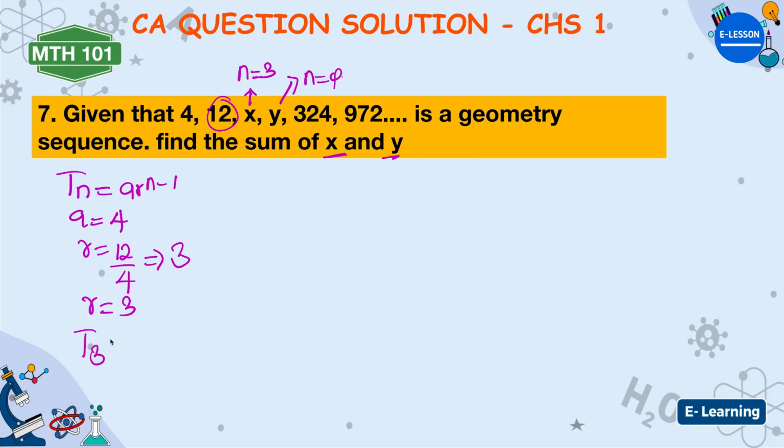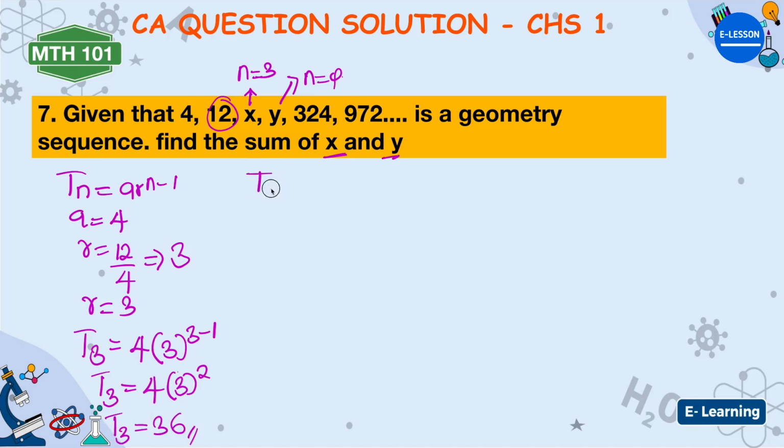So T3 would be equal to, when n is equal to 3, the first term is 4, bracket r is 3, and n is 3 minus 1. T3 will be equal to 4 times 3 to the power of 3 minus 1. 3 minus 1 is what? 2. 3 squared is what? 9. 9 times 4 is how many? 36. So T3 is 36.